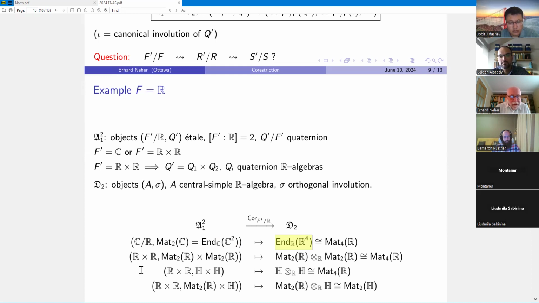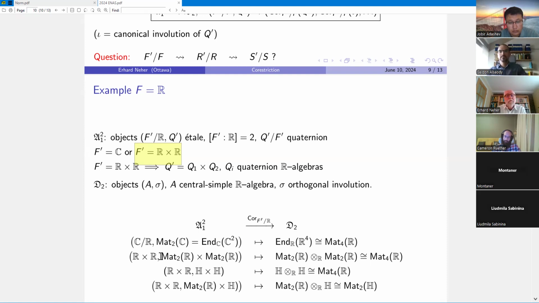Similarly, next case, if F prime is R cross R, well, there are two types of quaternion algebras over R up to isomorphism. It's either the split quaternion, which are 2x2 matrices over R, or it's the division quaternions, namely the Hamiltonians.